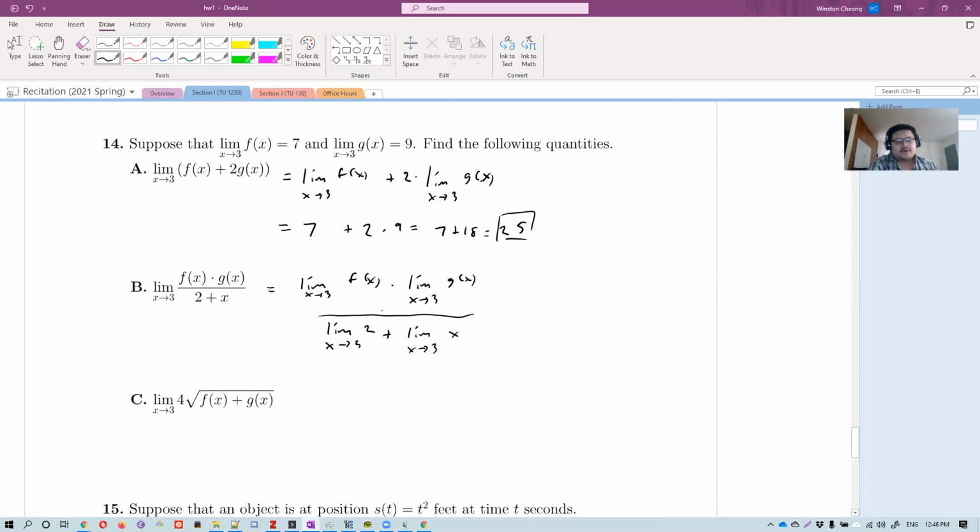Okay. So applying the limit laws just blindly, you split it, you push it through all the mathematical operations: addition, subtraction, multiplication, division. And now we have this number, the limit of a constant function is just going to be that constant value. And the limit of x is just going to be whatever that value approaches. So we get 7 here, 9, 2 plus 3. And that's 63 over 5.